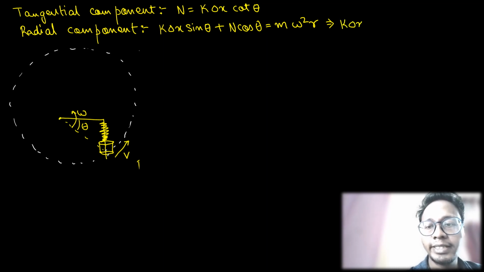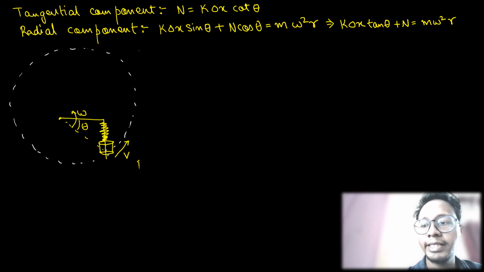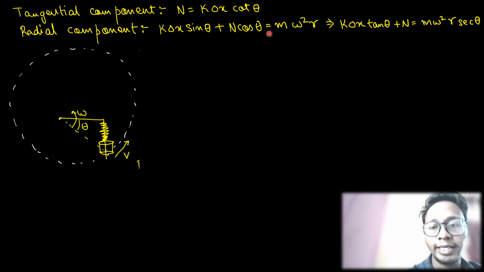So K delta X sine theta by cos theta is nothing but tan theta, plus N is equal to M omega square R divided by cos theta, which is sec theta. N cos theta by cos theta got cancelled, and 1 by cos theta is equal to sec theta.